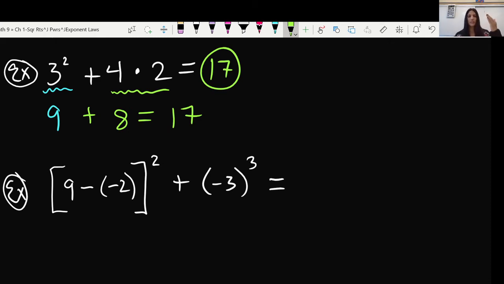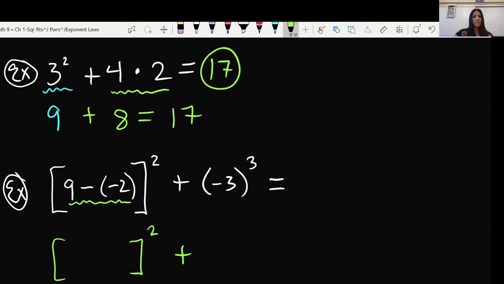So again, it's BEDMAS. Brackets always have to start first. So I am going to take this and deal with this inside part first. That has to be the first thing that happens. I'm going to rewrite it like this because whatever I end up getting as my answer is going to be squared. So let's work our way through this.